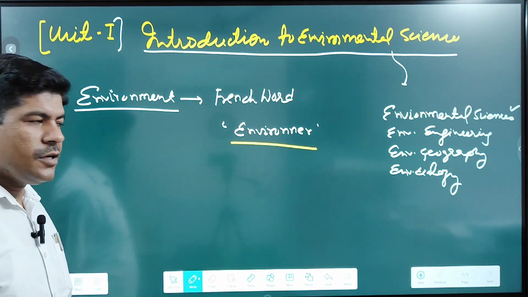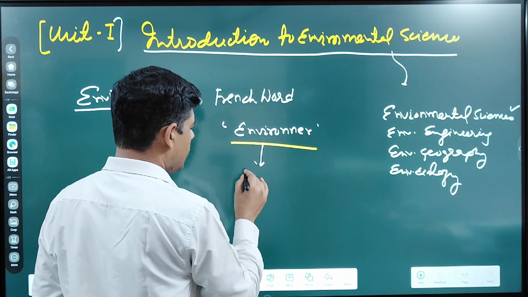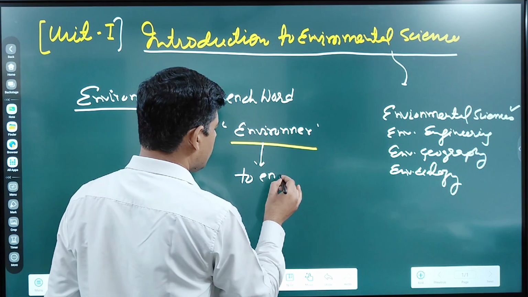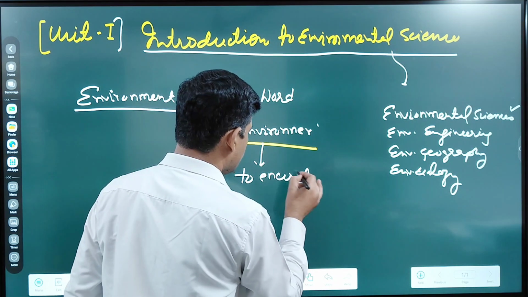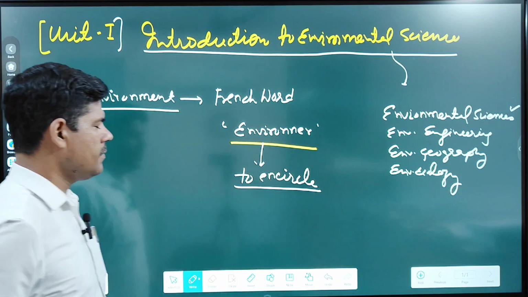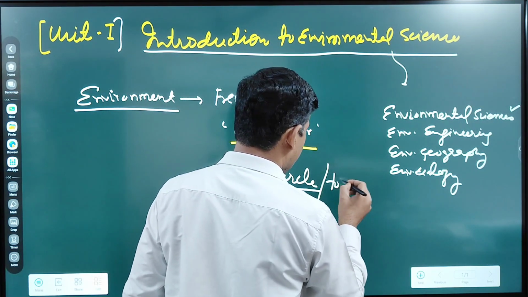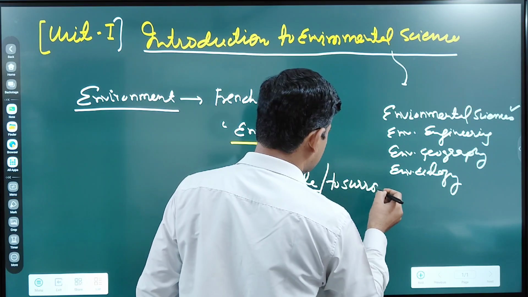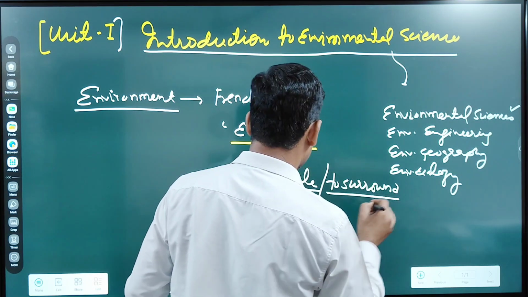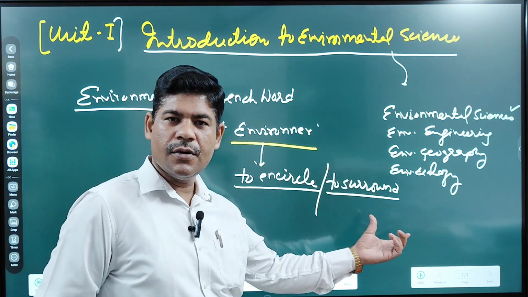Environner means to encircle, or to surround. To encircle or to surround.